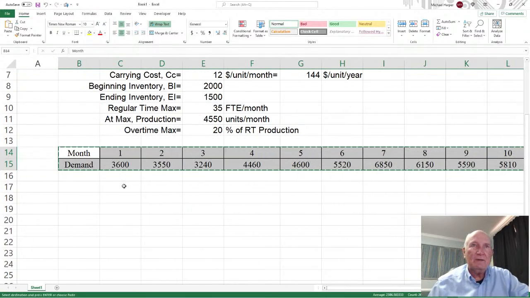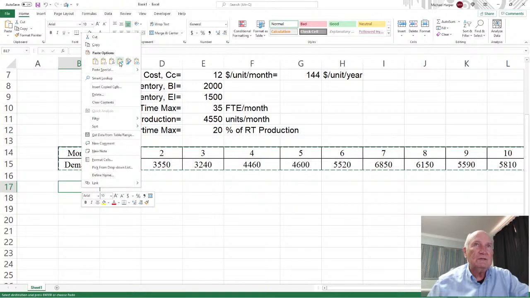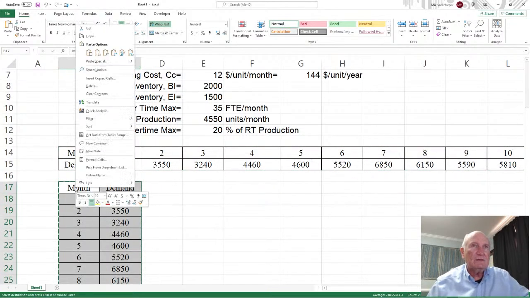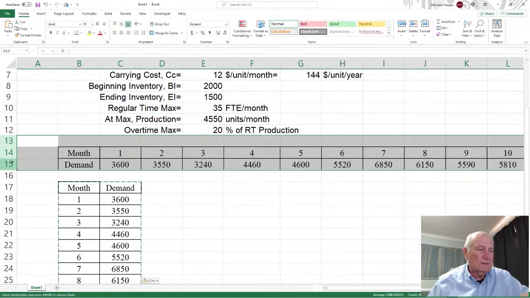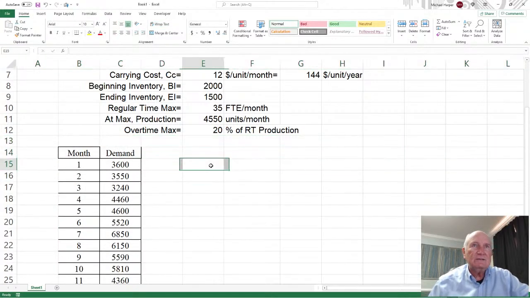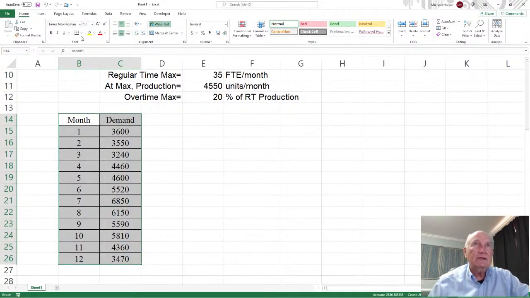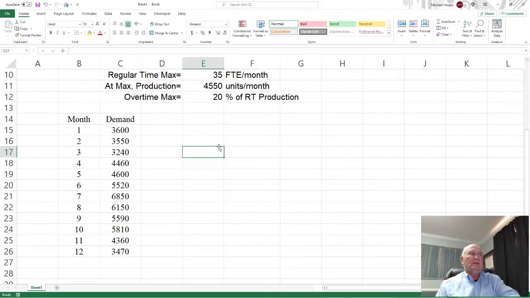We'll format them in a minute. Let's transpose this. There we go. Control C, and then let's paste all the values. So now they're just values, and we disengage the link, erase this, and this is pretty much what we're going to start using. Let's take away the formatting, the boxes there. Okay, so there's our monthly demand.